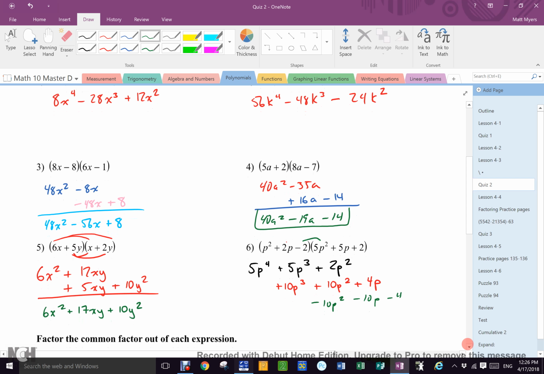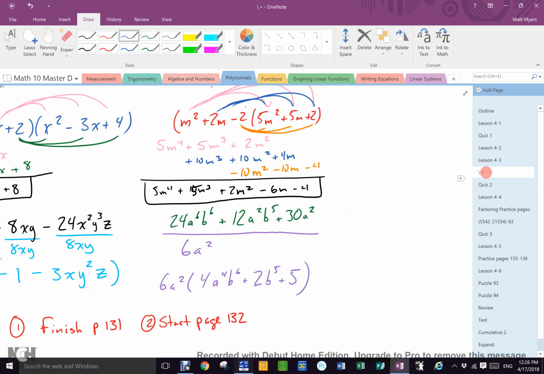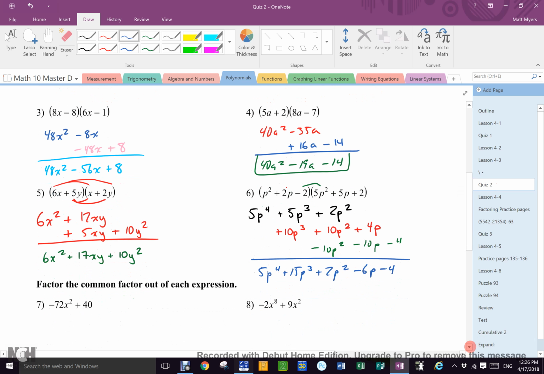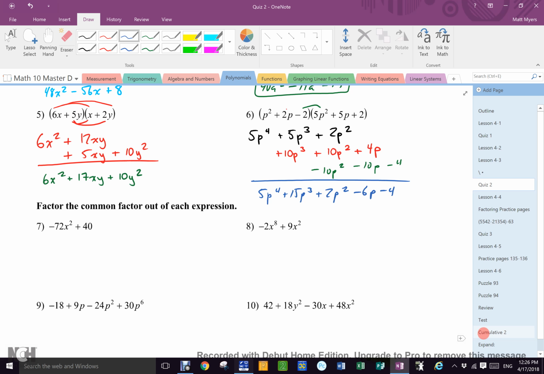And then we just add it all up. 5p to the 4th plus 15p cubed plus 2p squared minus 6p minus 4, which is, I think, exactly the same as the question I gave you in the first one. That's how nice I am. So give yourself a mark there out of 6. You be judicious with your marking.